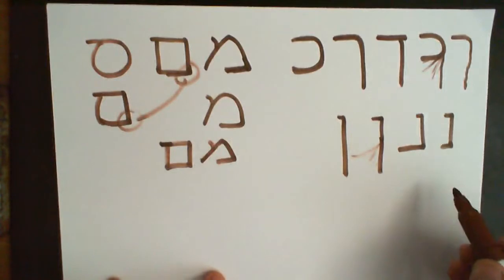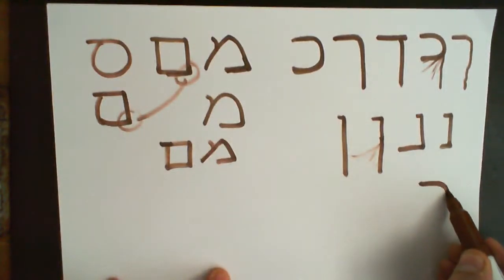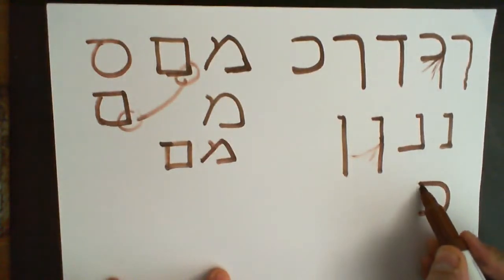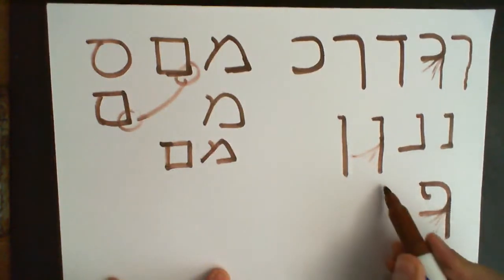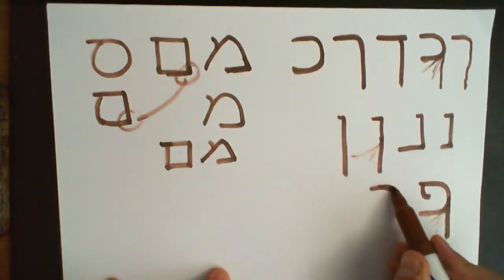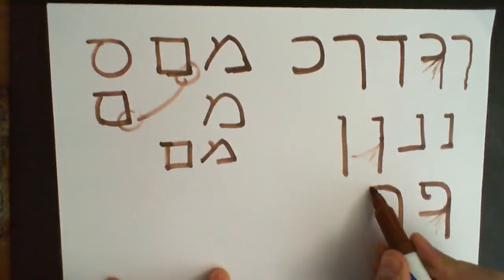Pe and fe in the middle of a word. In the middle they are like so. Once again, this becomes limp and hangs down, giving us our final pe, which looks like so.